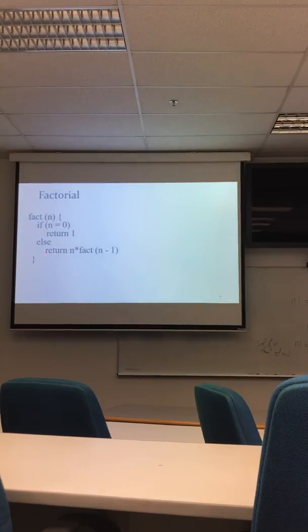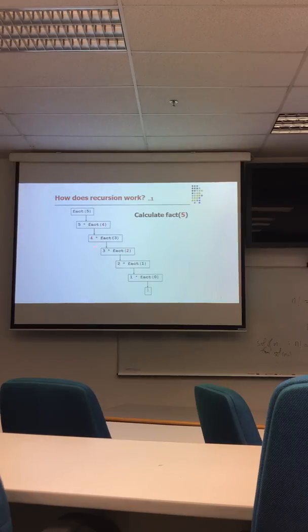Then you come here, you will have 4 times factorial 4 minus 1, so you come to factorial 3. So you call factorial 4, which triggers execution of the same algorithm but with n substituted with 4. Then, since you execute the algorithm again, that activates another call, factorial 3.